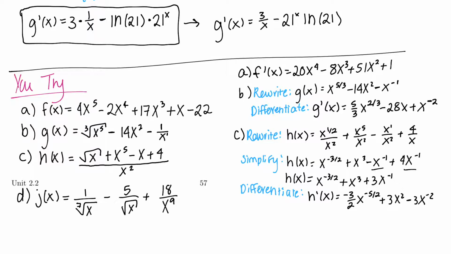Now, if you didn't combine these two together, instead of having negative 3x to the negative 2, you'd end up with plus x to the negative 2 minus 4x to the negative 2 if you did not combine them together. So that's what ended up happening there.